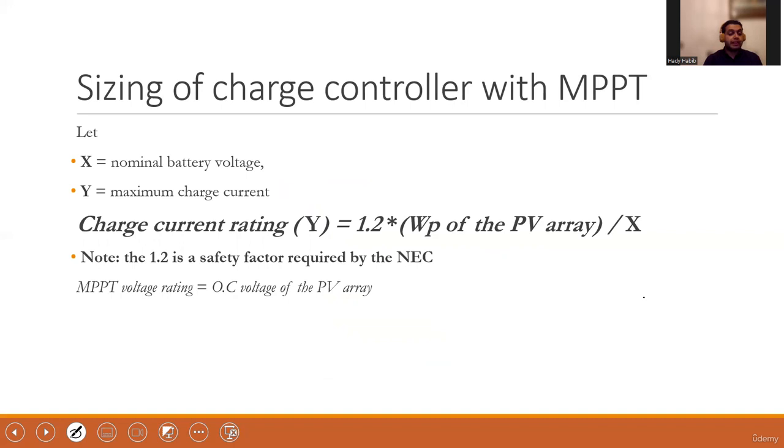The charge current rating will be 1.2 multiplied by the PV array watt peak divided by the nominal battery voltage, and the maximum power point voltage rating will be the open circuit voltage of the PV array.